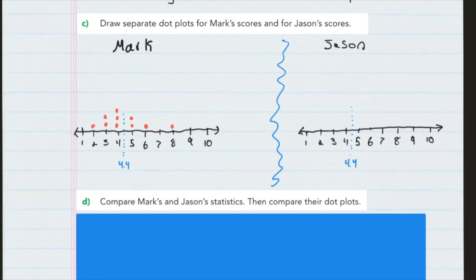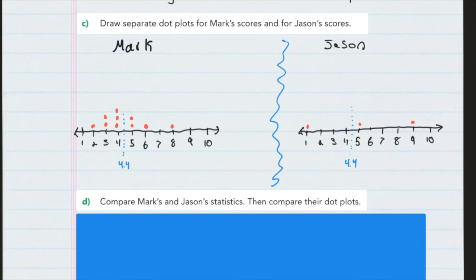And then we go and we do Jason's dot plot. So his scores were 9, 5, 1. And so remember, I'm keeping all those one dots the same height above that line.